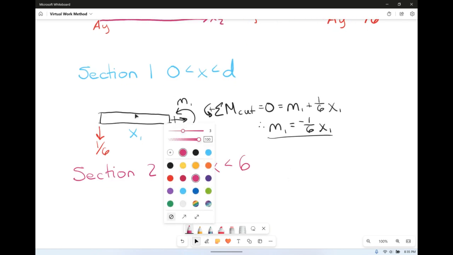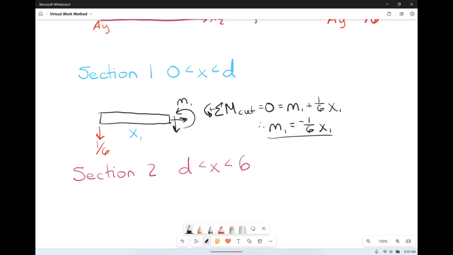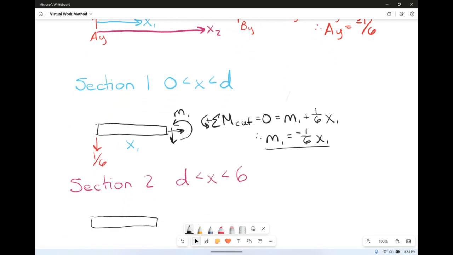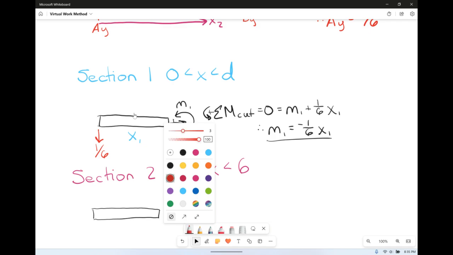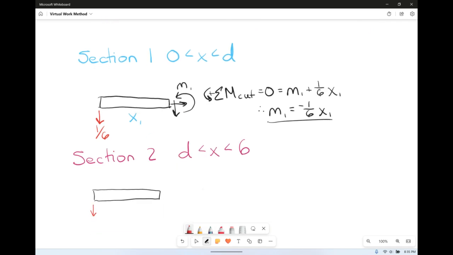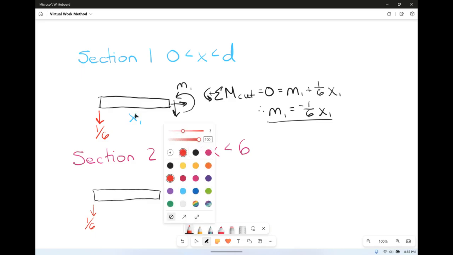So we're going to draw our new little beam section. Now remember that for x2, we're actually going all the way from the left side all the way over. So we are still going to have AY. AY was 1/6 going down.